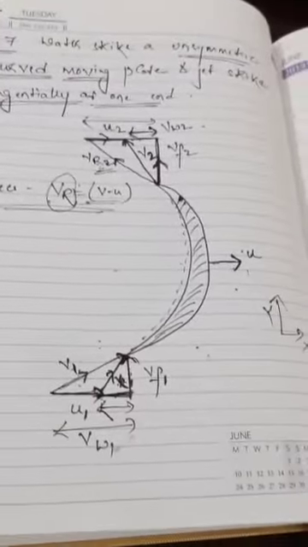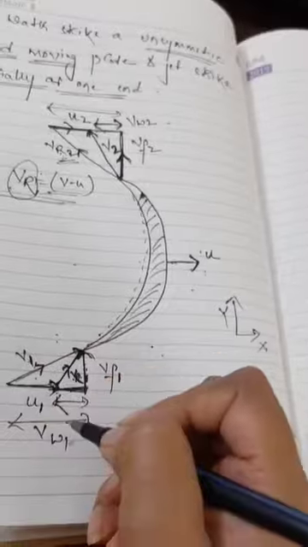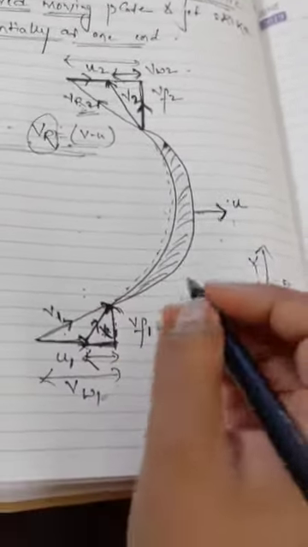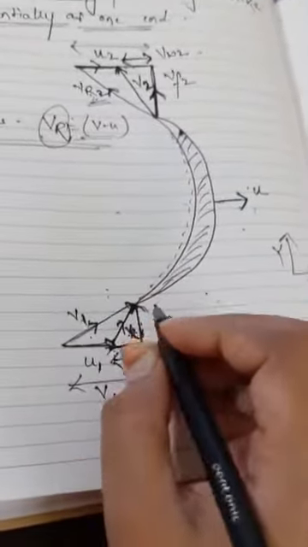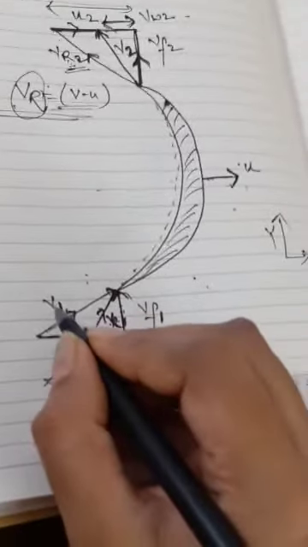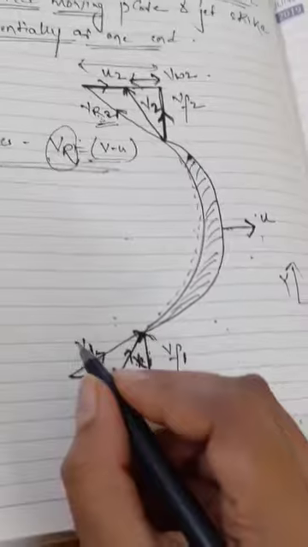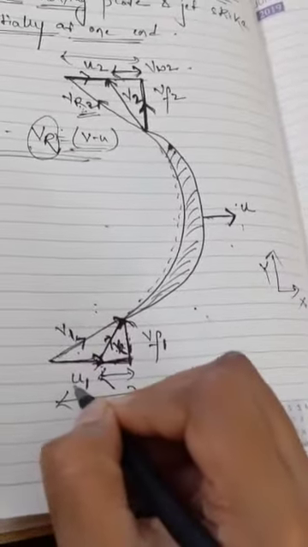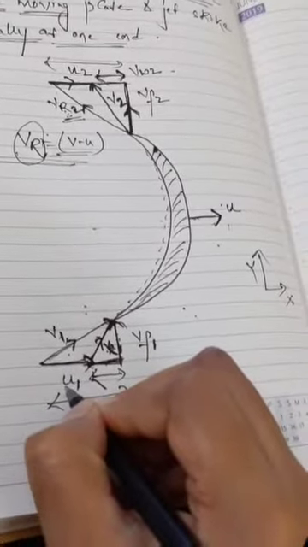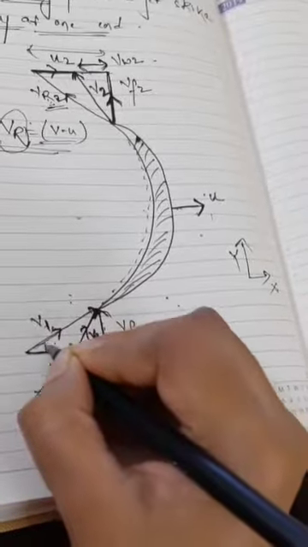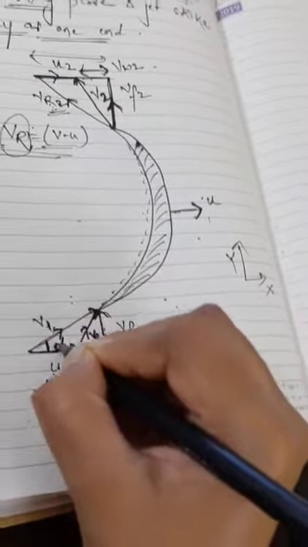I'll make you understand what this f and w are, but first I shall let you know the angles. First, see the angle between v and u, that is, the velocity of your water jet and the velocity of your plate, is taken to be alpha.